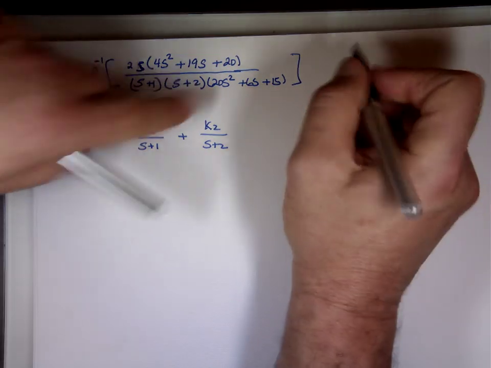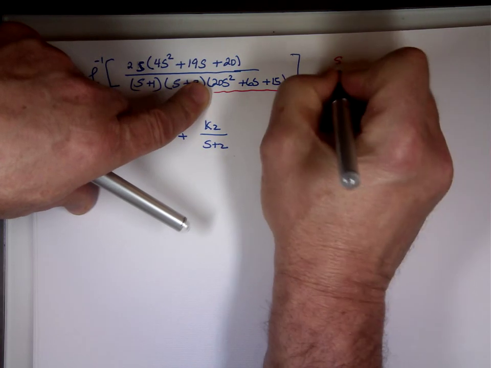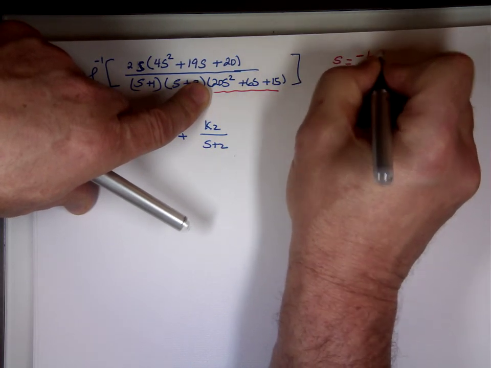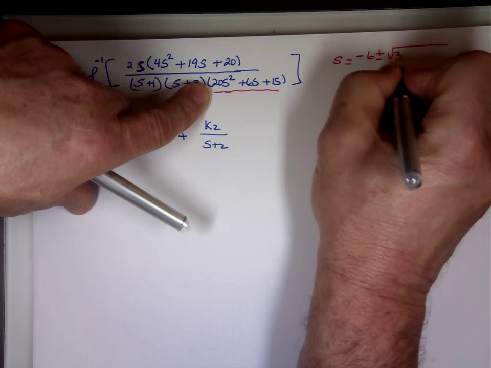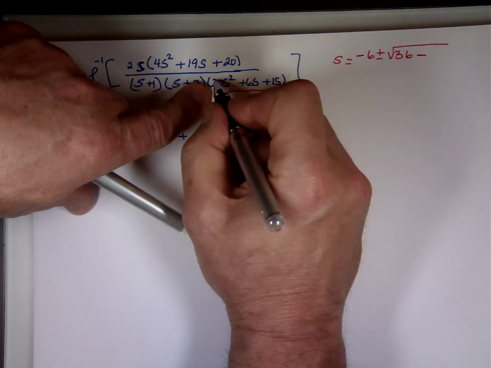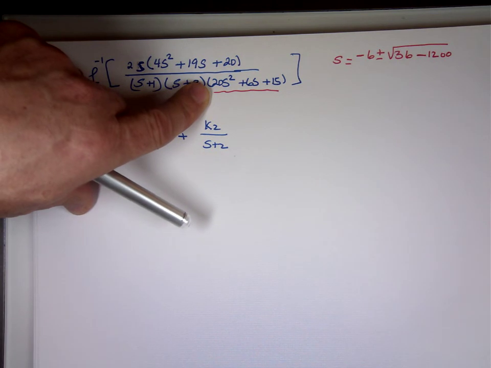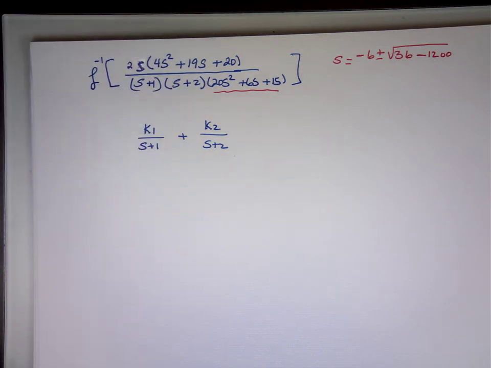So if I want to solve this quadratic, s will be negative b, negative 6, plus or minus the square root of 36 minus 4ac, 4 times 15 times 20.